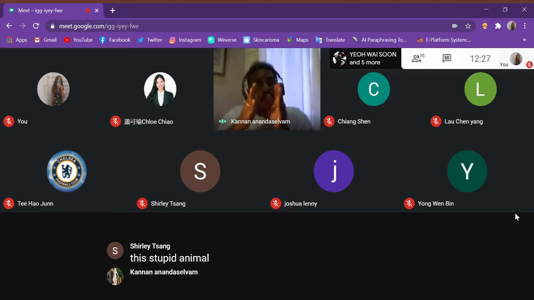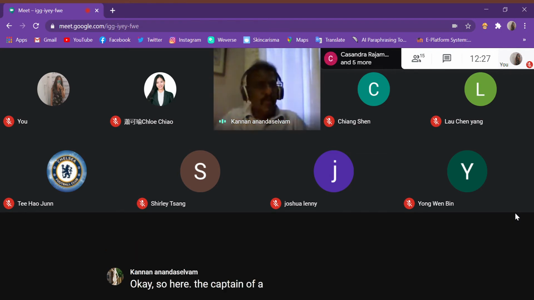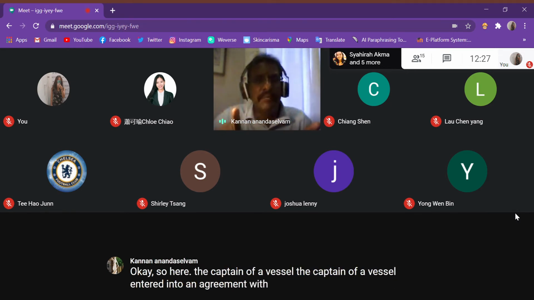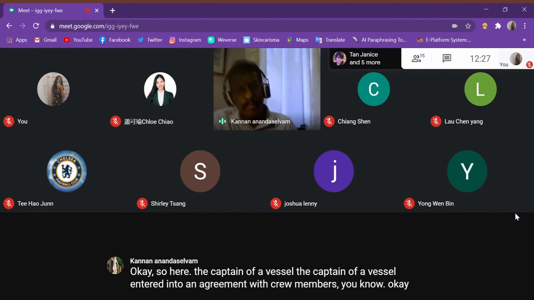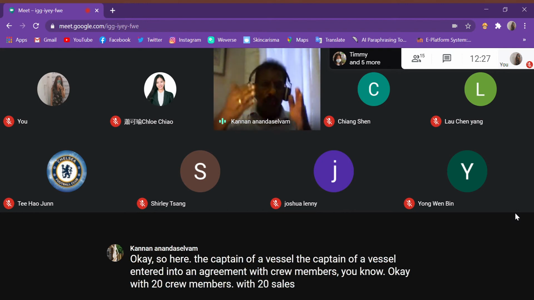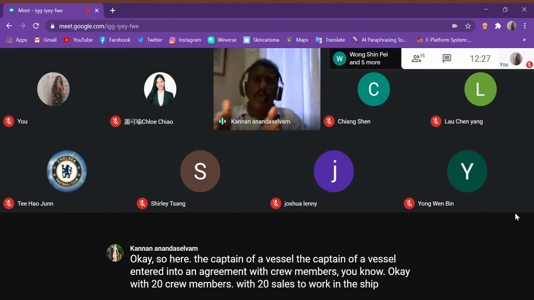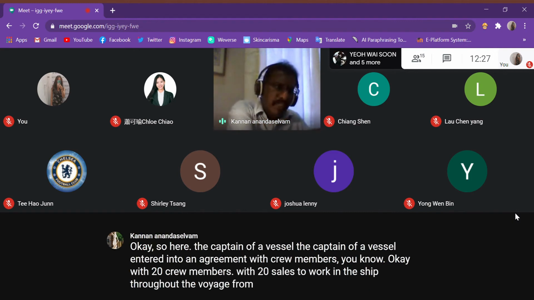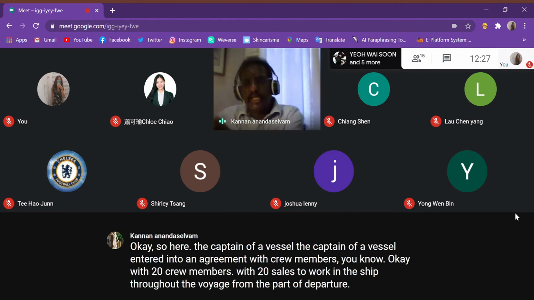So here, the captain of a vessel entered into an agreement with 20 crew members, with 20 sailors, to work in the ship throughout the voyage from the port of departure till the ship arrives at the port of arrival.